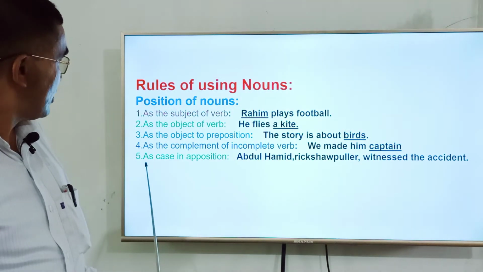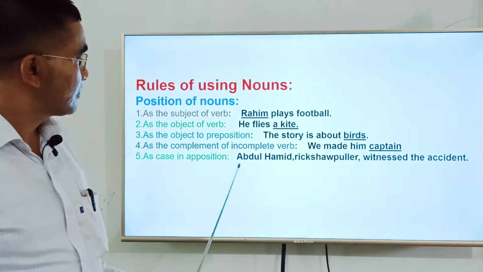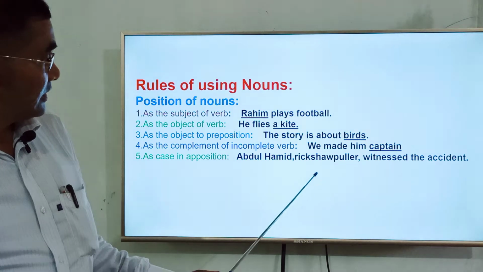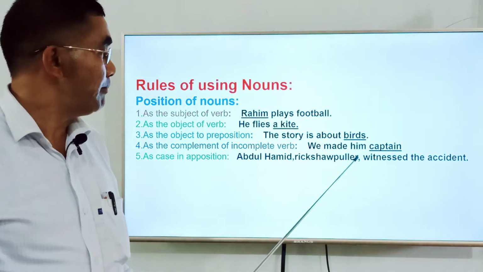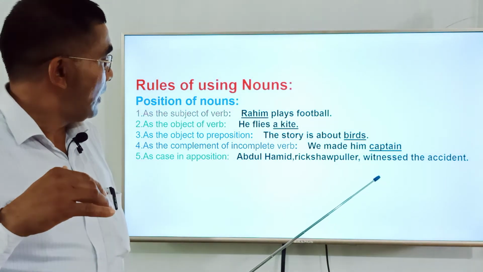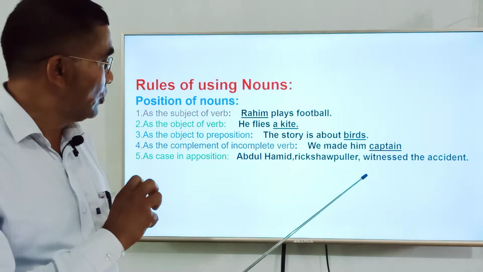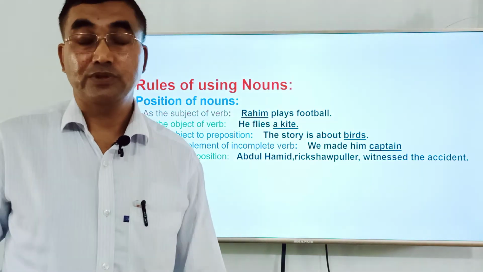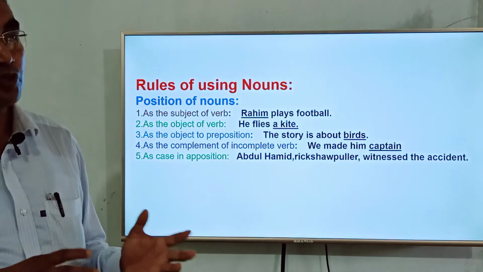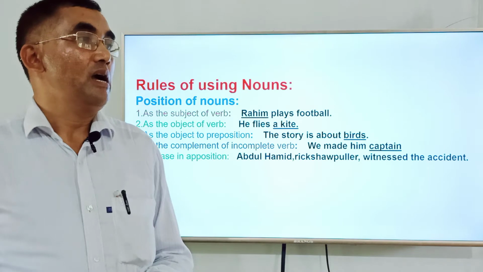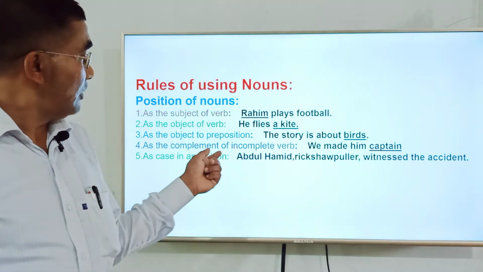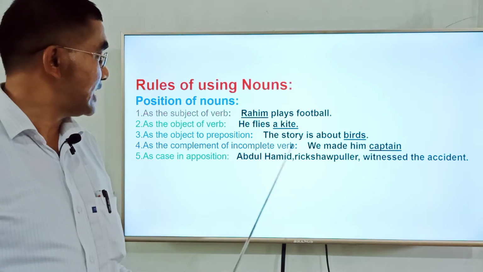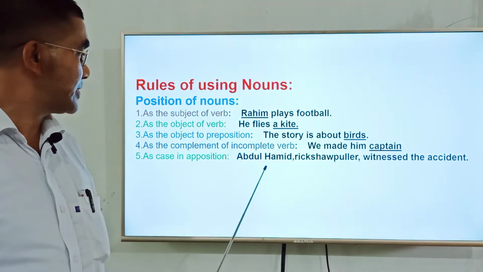Another use of a noun is as a case in apposition. Abdul Hamid, rickshaw puller, witnessed the accident. You should have known the idea of what is meant by apposition or appositives. Apposition, or case in apposition, is when two nouns sit side by side and the second noun gives extra information about the first noun.